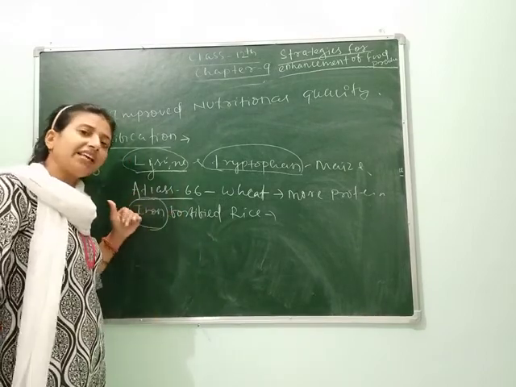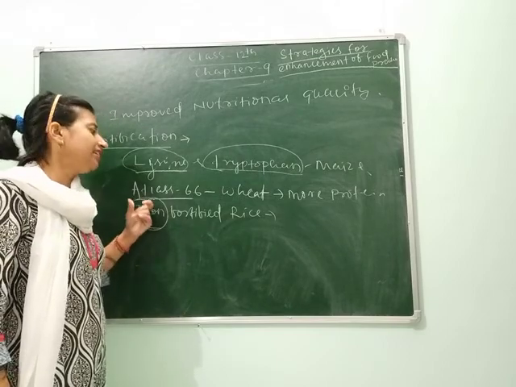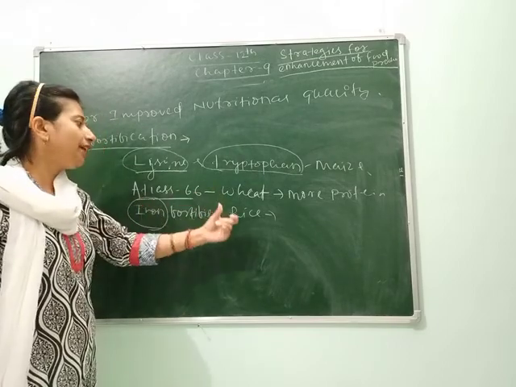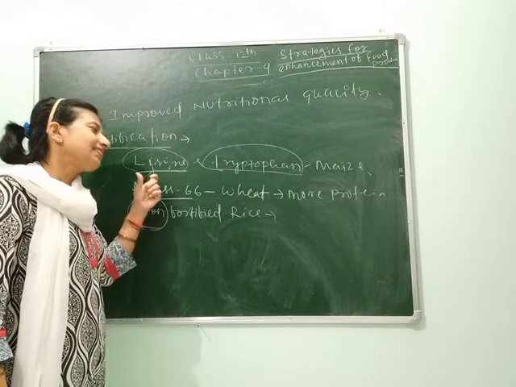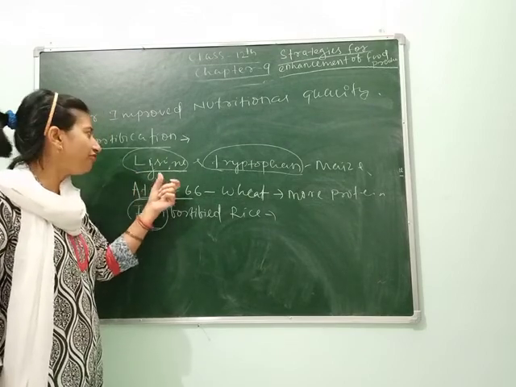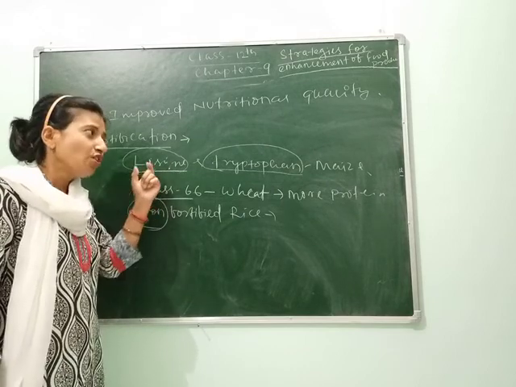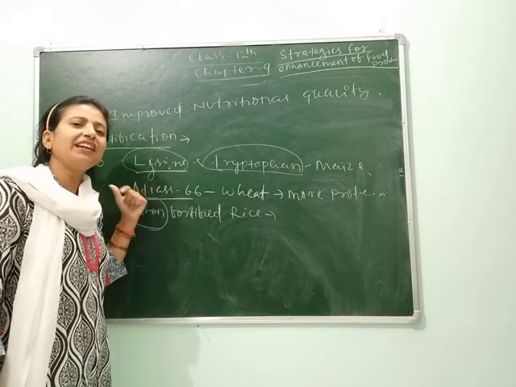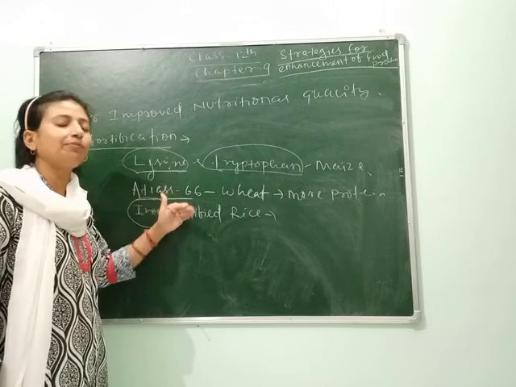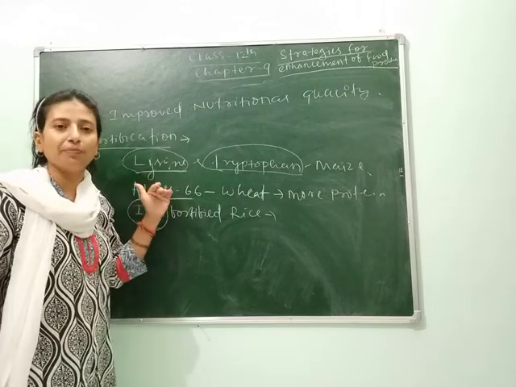That's why we say iron fortified rice, protein fortified Atlas 66 variety of wheat, lysine and tryptophan containing maize varieties. So this is how extra nutrients are added. This type of crops are called biofortified crops.